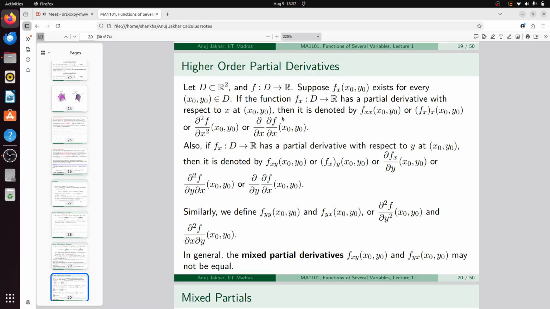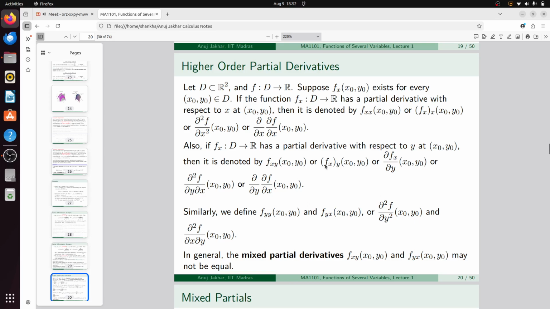That is how you can get multiple higher order partial derivatives. These higher order partial derivatives are del 2f del x square. You can also have del 2f del y square, and depending upon the ordering you can have del 2f del x del y as well as del 2f del y del x.